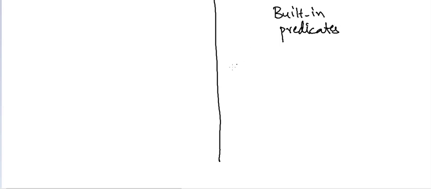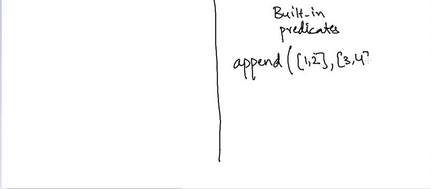For example, the built-in predicate append takes two arrays. So it's going to take one array, let's say 1 comma 2, and it's going to take another array 3 comma 4, and what this does is it adds these two arrays and gives a resultant array.